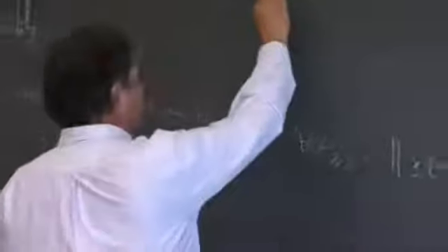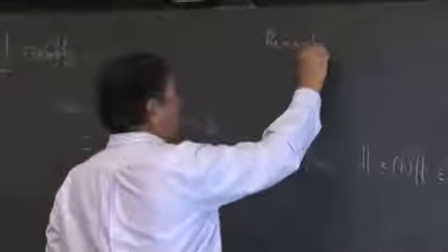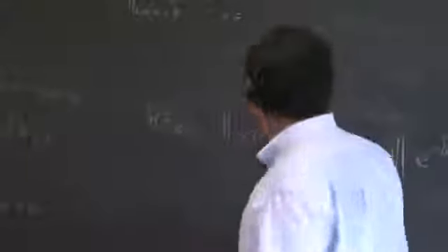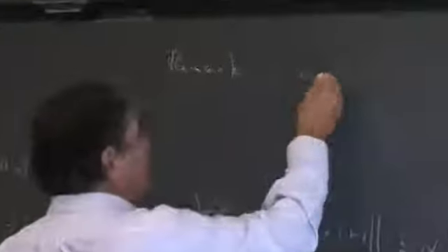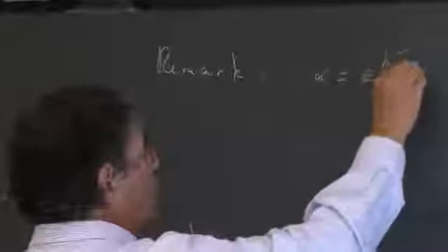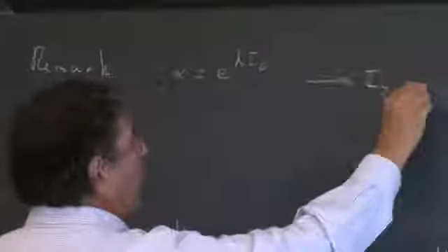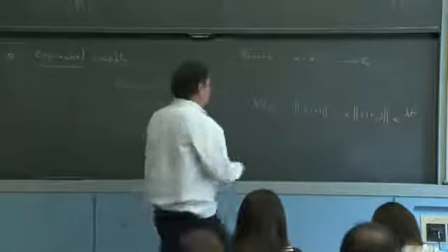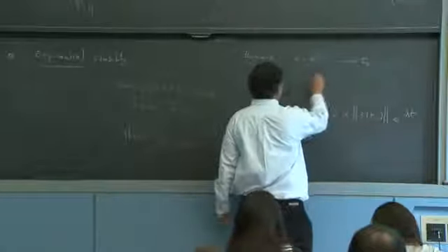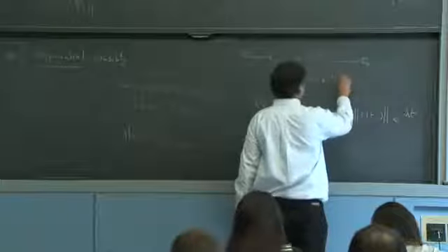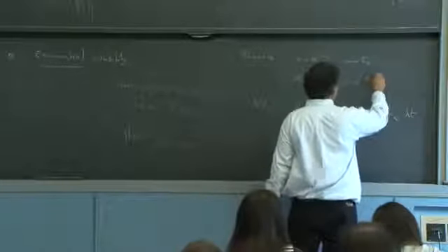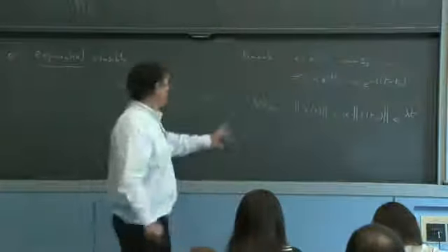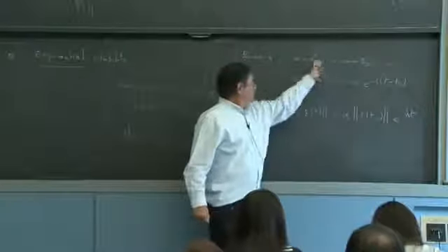Notice as a remark, if you write alpha, which is some number larger than 1, in the form e to the lambda tau 0, which defines the number tau 0, then you can see that alpha e to the minus lambda t is the same thing as alpha e to the minus lambda (t minus tau 0).